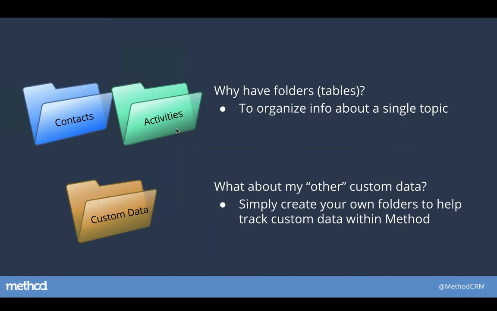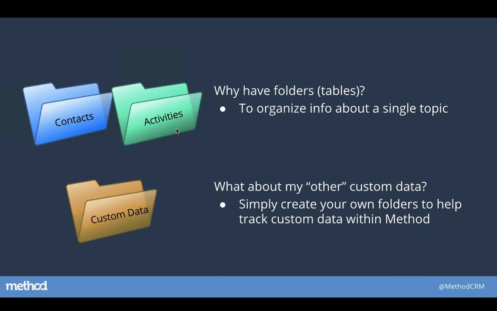And then, of course, there's custom data. For those of you that have ever used a filing cabinet, it might come with a certain number of folders, but if one day you decide you need to group other pieces of information together or save pieces of paper that perhaps you weren't saving 3-4 years ago, you can always go out and buy another folder, get a Sharpie, label it, and put it inside of your filing cabinet. Well, with Method, it is very similar.